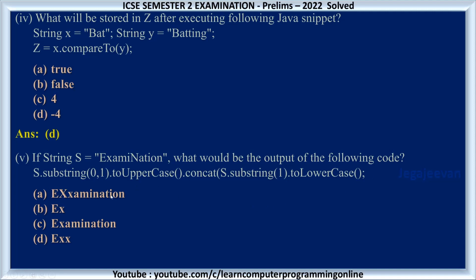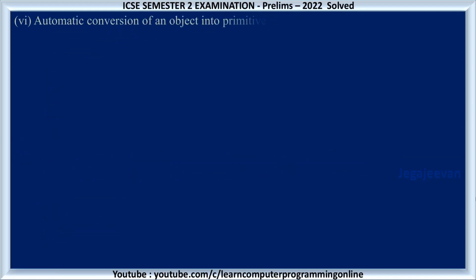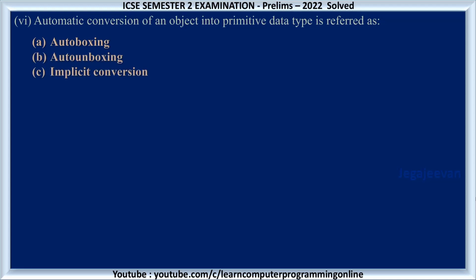Examination will be in lowercase. So that is C, that is the answer. Automatic conversion of an object into primitive data type is referred to as: auto boxing, auto unboxing, implicit conversion, explicit conversion. Object into primitive data type is auto unboxing, that is B.